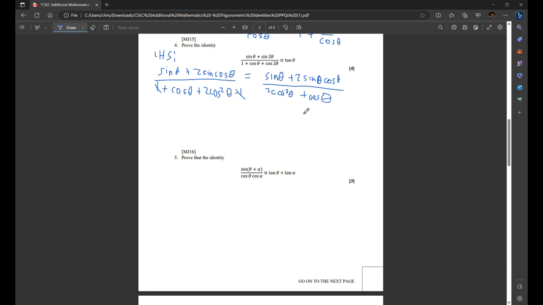So what we can do now is look at the top and look at the bottom, and we see that we can factor out a sine on the top because sine is common to both terms, and we can factor cosine on the bottom because cosine is common to both terms as well. If we factor out a sine on the top, that's going to leave us with 1 plus 2 cos theta.